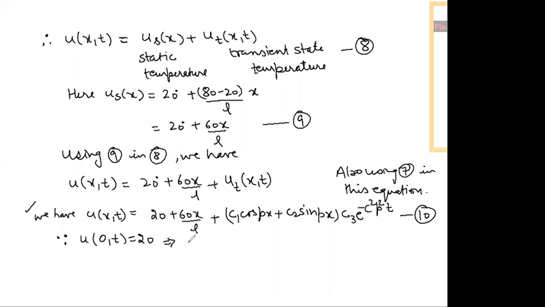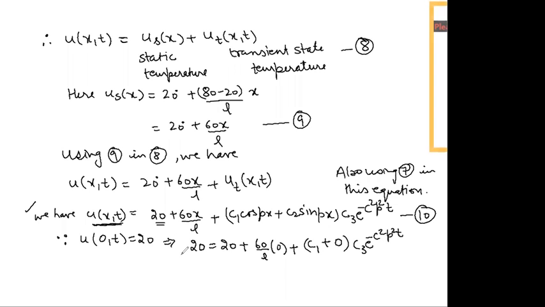So this implies u(0,t), I will put x equals to 0 first, ठीक है. 0 put करेंगे तो मेरे पास ये आ गया, देखो u(0,t) is 20, 20 here, this value 20 as it is, plus 60 by L into 0 plus C1 cos 0 plus C2 sin 0, C3 e to the power minus c square p square t.